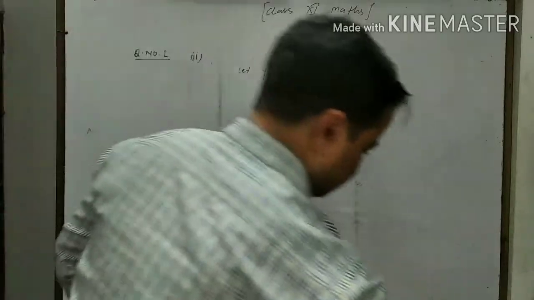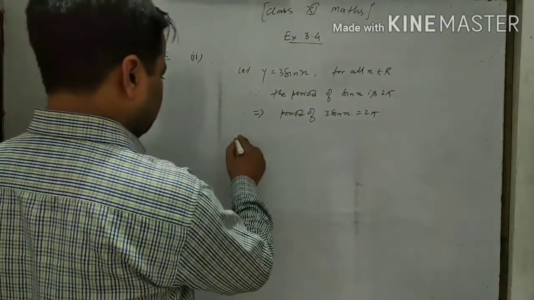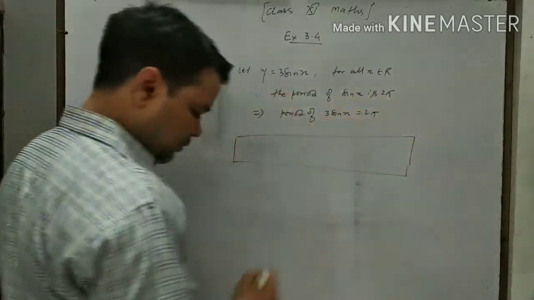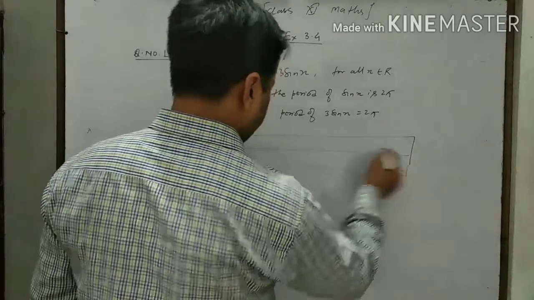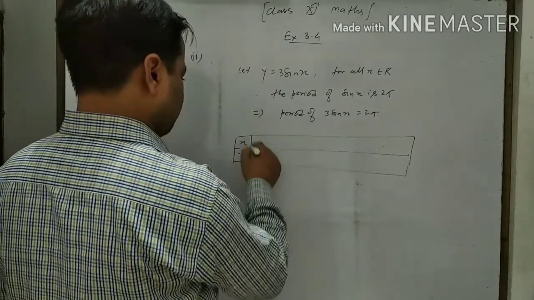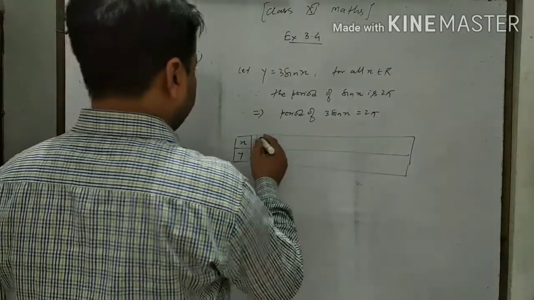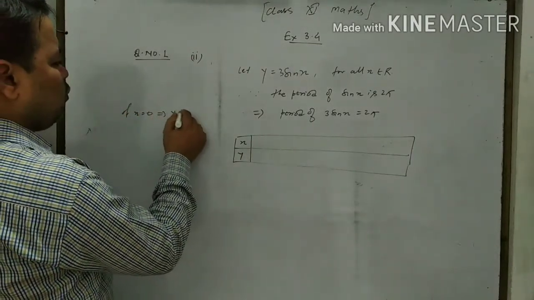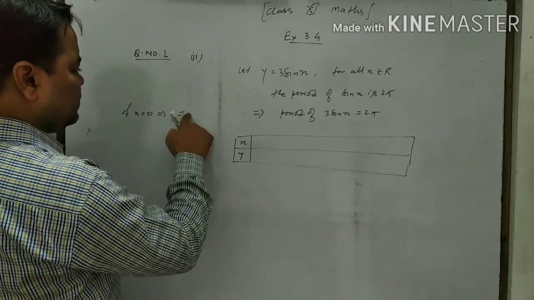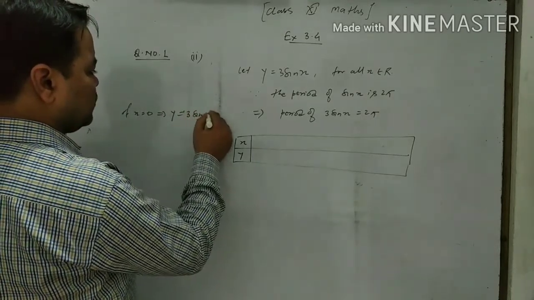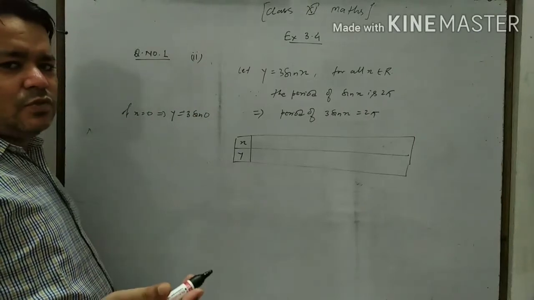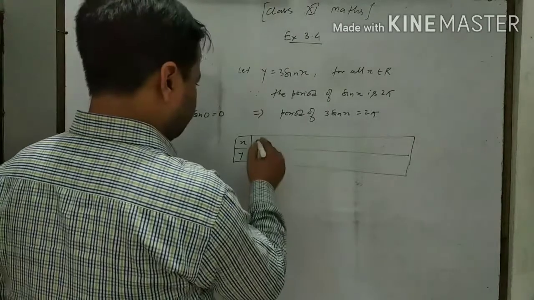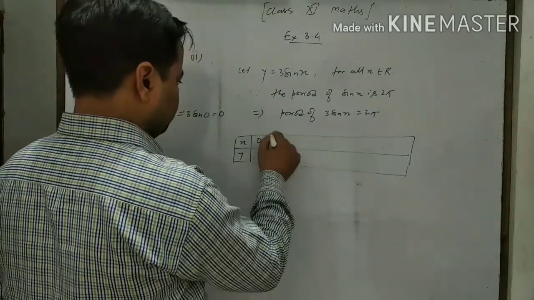Let us make a table here. First we write x and after that y. If x is equal to 0, this implies that y is equal to 3 sin 0. And the value of sin 0 is 0, so at 0 it will be 0.